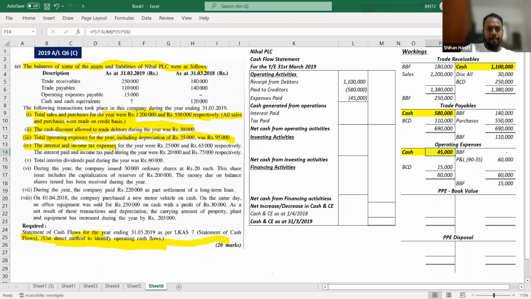The interest and income tax expense for the year were 25,000 and 65,000 respectively. Interest paid and income tax paid amount 20 and 75. So we have to take only the paid amount, 20,000 and 75,000. Nothing to calculate. Don't get confused with the expense and the payment. To confuse you, they have given the expense separately and the payment separately.